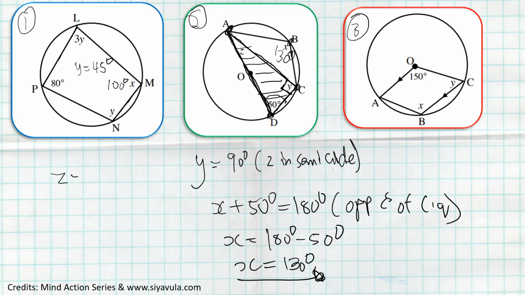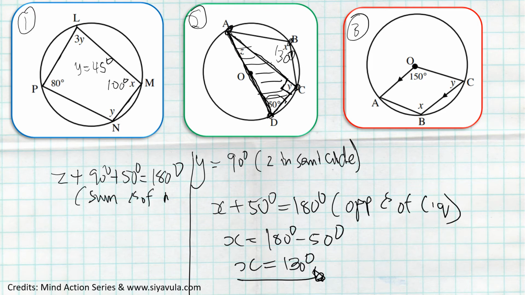So meaning that z plus 90 plus 50 will be equal to what? Will be equal to 180 degrees, because of what? Sum of angles of a what? Of a triangle. Okay, so our z will be equal to 180 minus 90 minus 50. Okay, so which will be what? 40 degrees. Okay, let's quickly look at number 3.